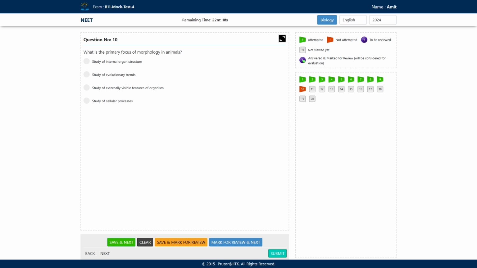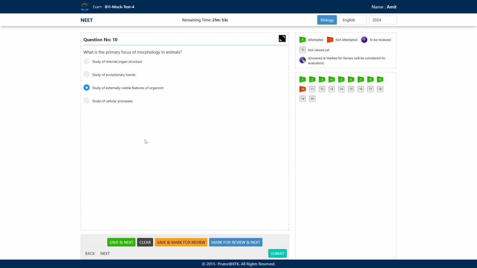When you consider it from inside, then that is the anatomy part, right? So, study of externally visible features of organism is going to be the correct one. And here, internal organ structure is not considered. Study of evolutionary trend is not considered. And study of cellular process is also not considered.